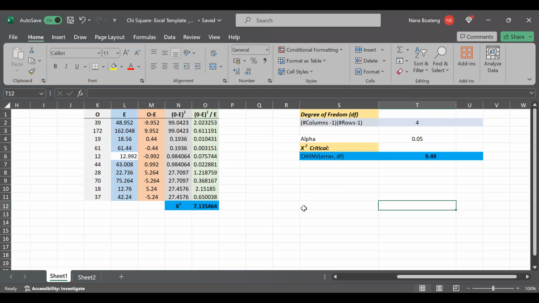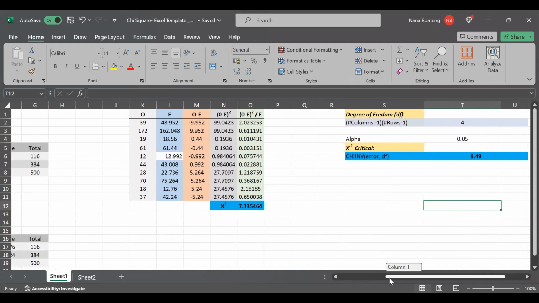So basically, people's marital status is independent of their religious affiliation. So if you have to do this yourself, please, any question? Everybody okay?